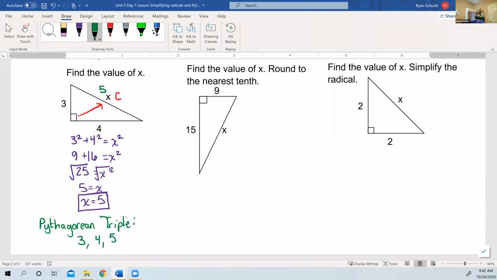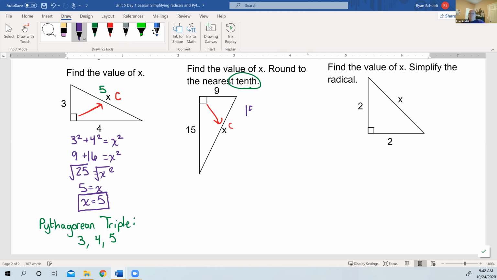Okay, next one. They ask us to find the value of x and round to the nearest tenth. So let's see. This x is my hypotenuse. So it's going to be my big side.